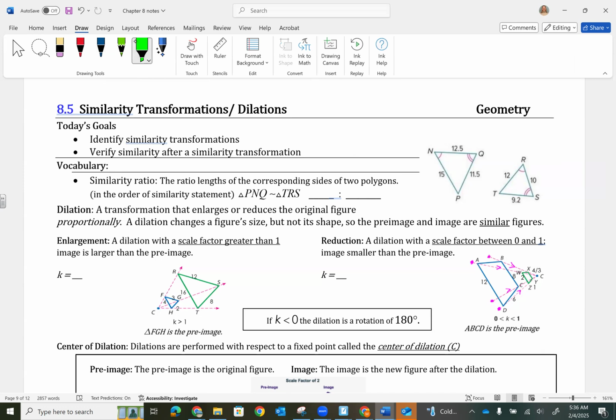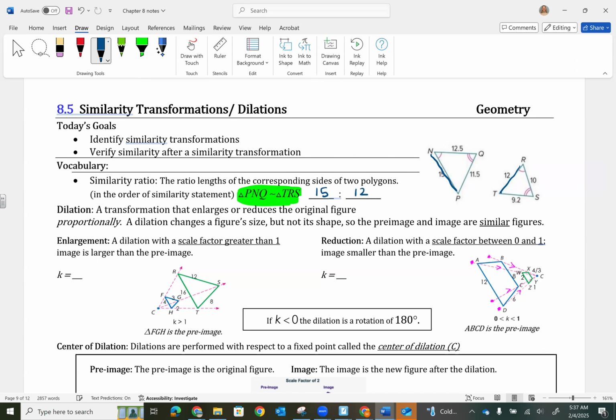Okay. We can have a similarity statement where we write the ratio in order as they're given. And we could say 15 goes with 12, and so we could go 15 to 12.